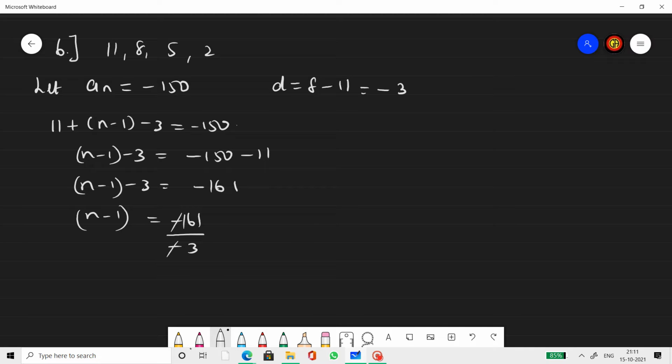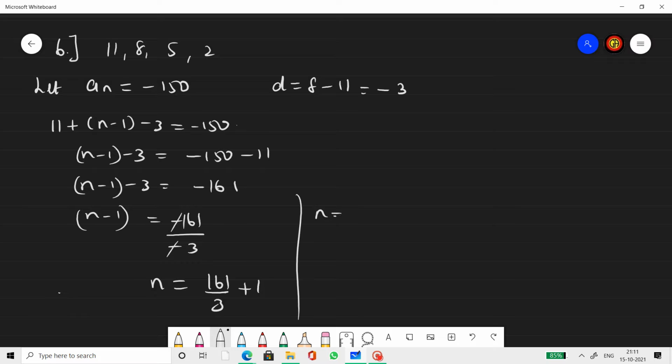And 161 is not divisible by 3. If the sum of all digits is divisible by 3, then the number is said to be divisible by 3. 161, if you add, you get 8 only. So this is not divisible by 3. Therefore, I am just taking the 1 directly to that side. So n is equal to 161 by 3 plus 1.